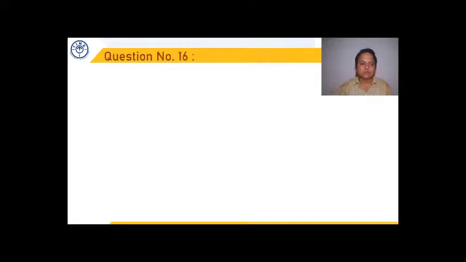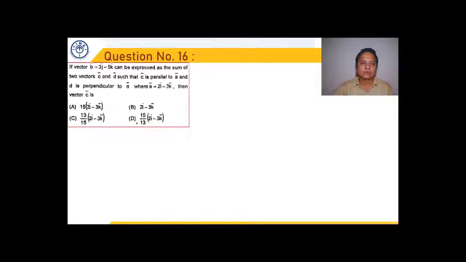Now let's move to question number 16 of the handout. It says vector B is given as 3j minus 5k.